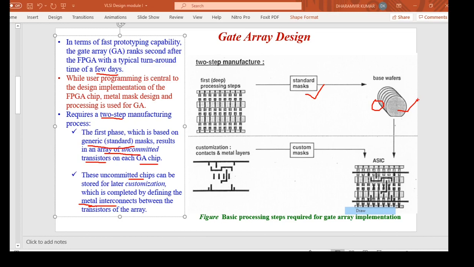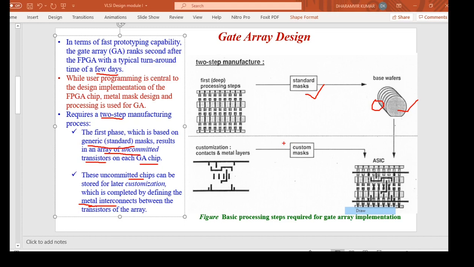Basically, we know that all of these circuits are made up of transistors, and transistors are available here. So if we can connect those transistors in a certain way, we can get a certain kind of circuit. So it's a matter of connection between different transistors.